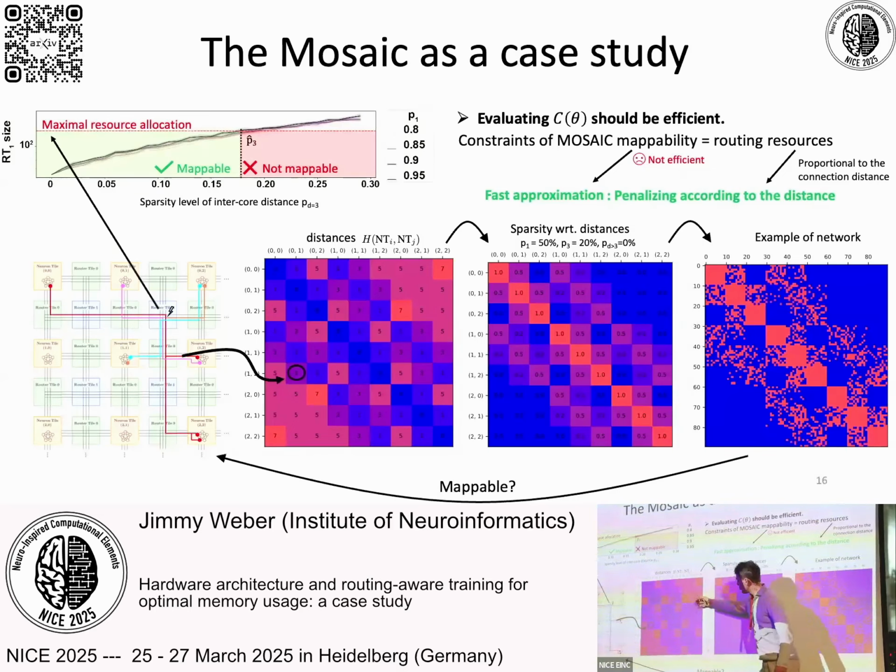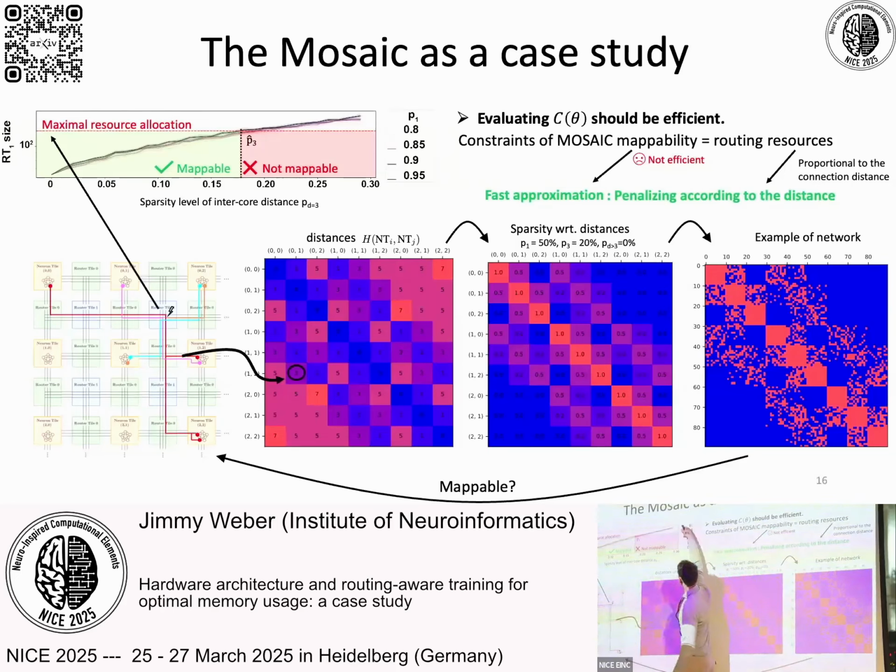We characterized the intercore distances. According to those distances, we impose a specific sparsity. We create some neural networks and check if they map onto the chip. Maybe 50% is not good, maybe 20% is not good, so we do sweeps along those dimensions to check what would fit on the chip.